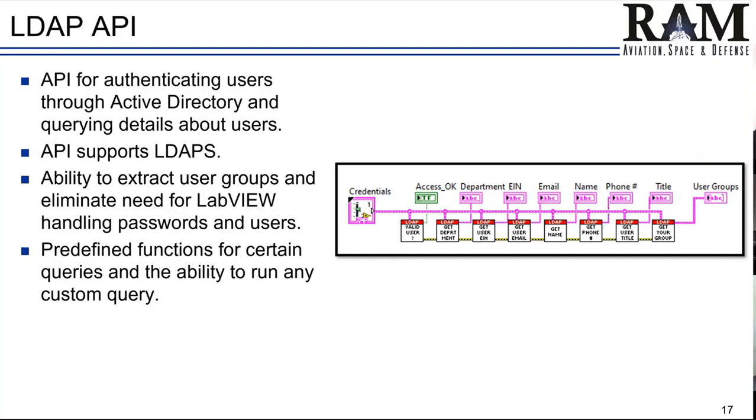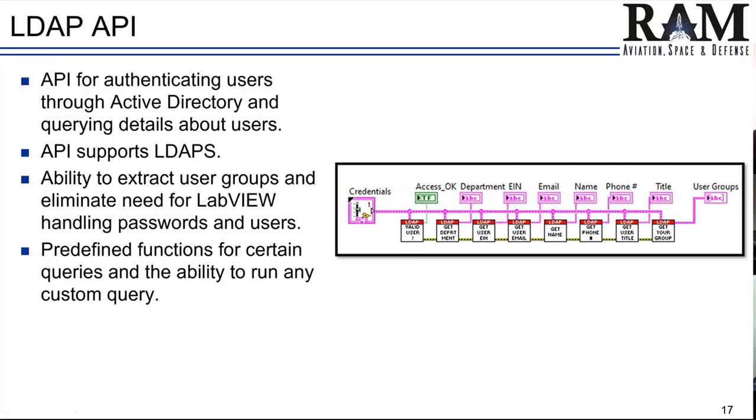In addition, we can query and store all sorts of values specific to that user. So we're able to validate that a certain user is a valid user for the given domain that we're in. We can also query details about them. I've mapped a whole bunch of common functions.